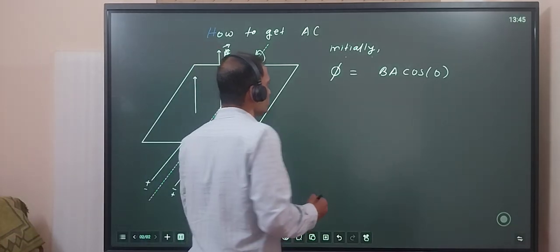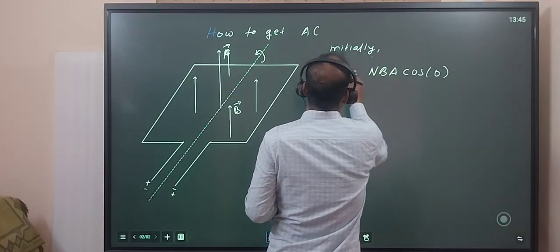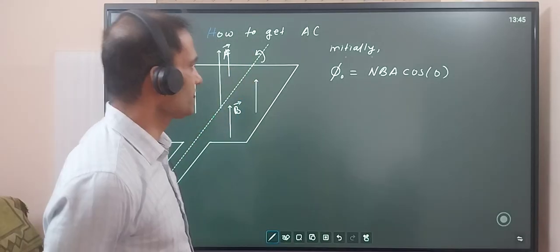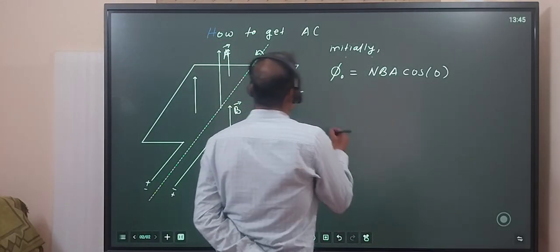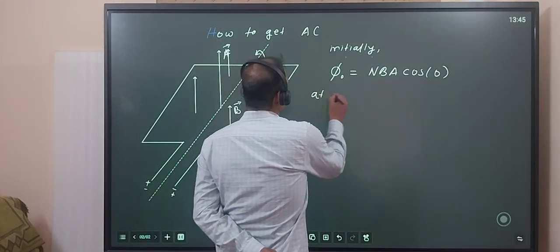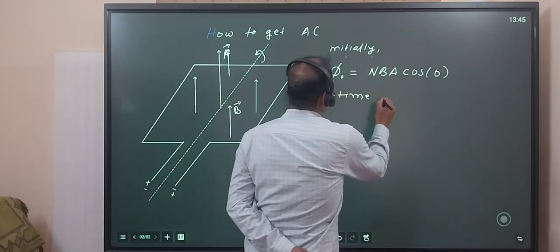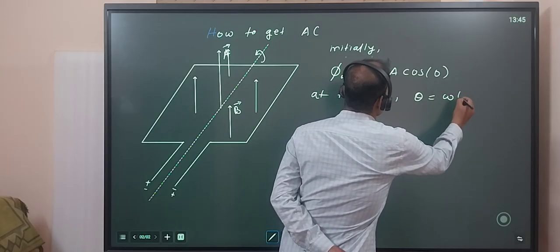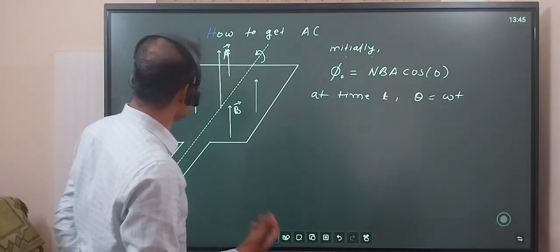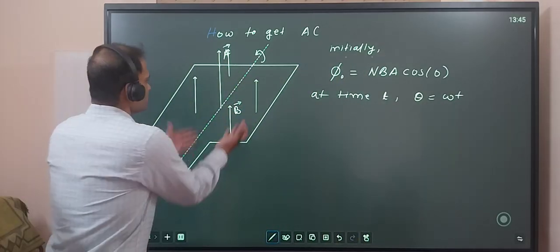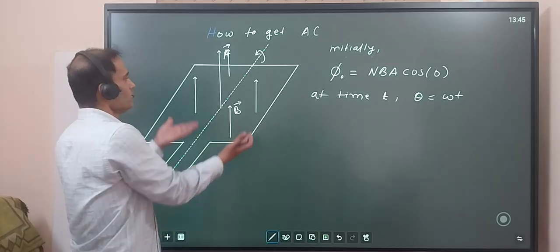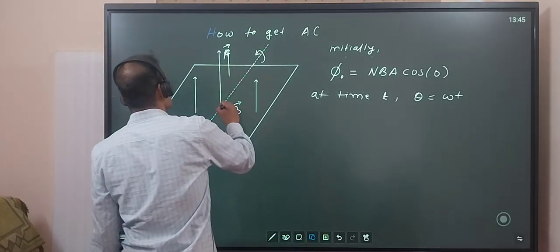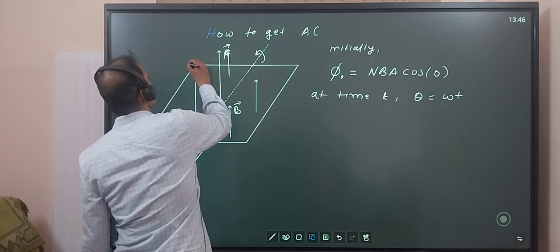So what I discussed so far, initially the flux will be NBA cos omega t, cos 0. Now at time t, this loop will rotate by an angle omega t, and the area vector will be like this, right?